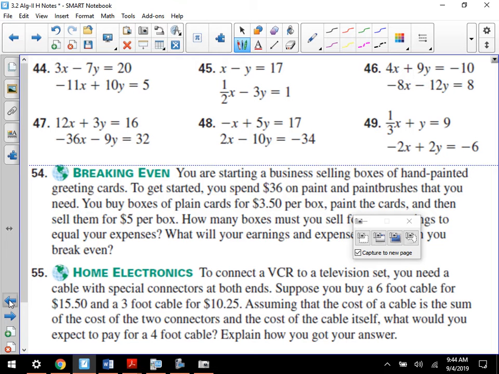Now, when you get going into some of the other ones, you start dealing with some funkiness, if you will. For example, this next one on 45, you've got a fraction you got to do, right?